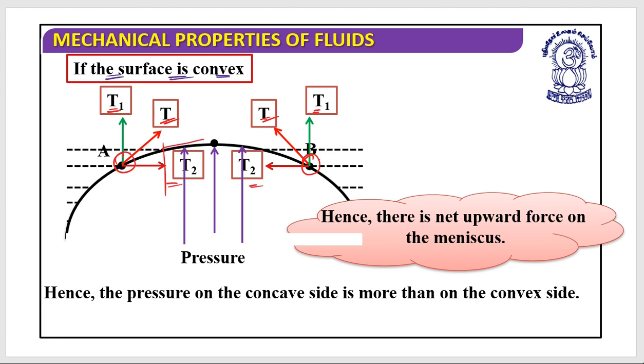We understand that this T2 and this T2 are going to cancel out each other. So it means there is a net upward force on the meniscus, and hence the pressure on the concave side is more than the pressure on the convex side. I hope this is clear.